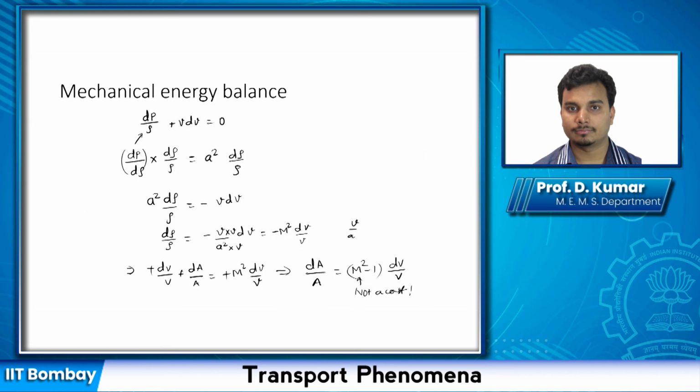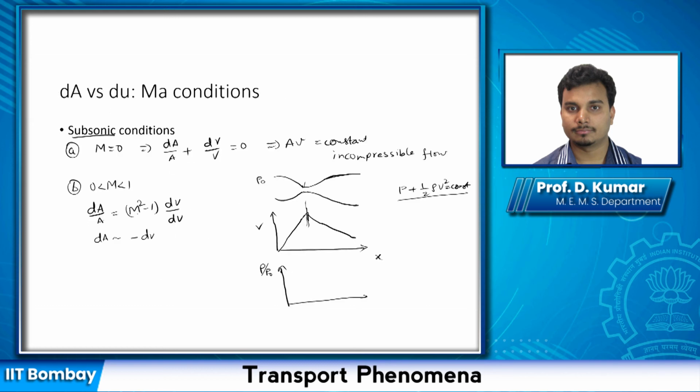So what will happen? The pressure will of course initially go down, because you're increasing the velocity, and after this point you're reducing the velocity, so pressure will go up.